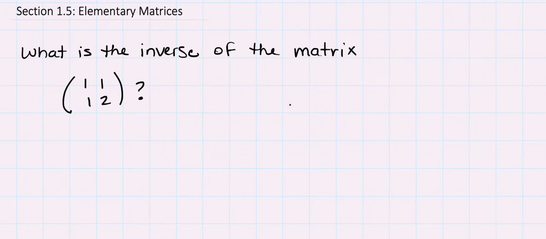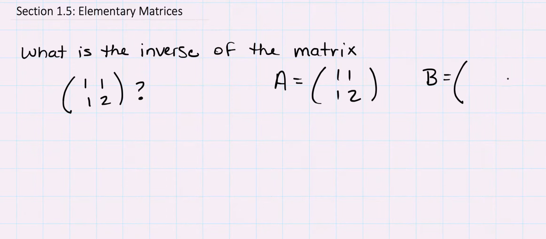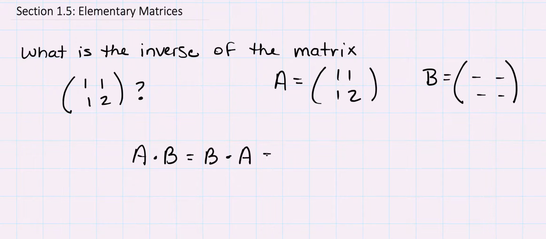Well, if we call this matrix A, 1, 1, 1, 2, then there should be a matrix B that's also 2 by 2, such that A times B is equal to B times A, which is the identity matrix. And the identity matrix is a 2 by 2 matrix that looks like this, 1, 0, 0, 1.